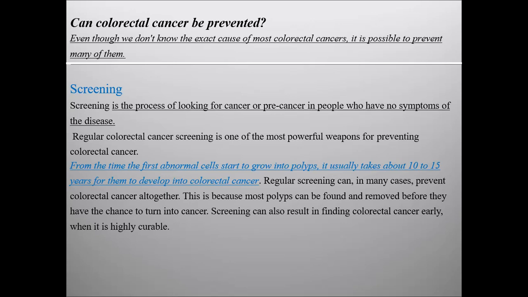Screening is done by the fecal occult blood test, and if it is positive, sigmoidoscopy or colonoscopy is performed in those patients, or we can do the screening by flexible sigmoidoscopy instead of the fecal occult blood test.